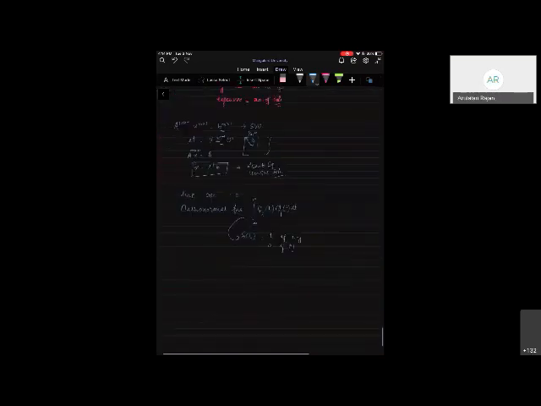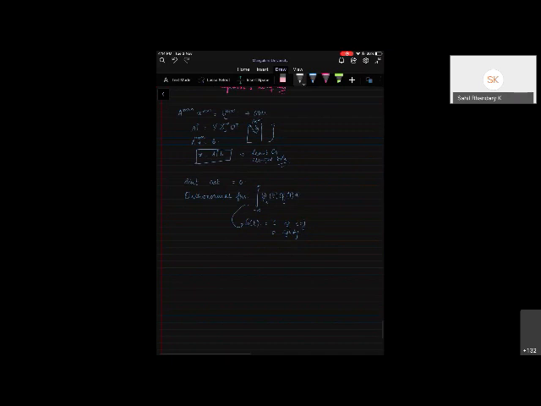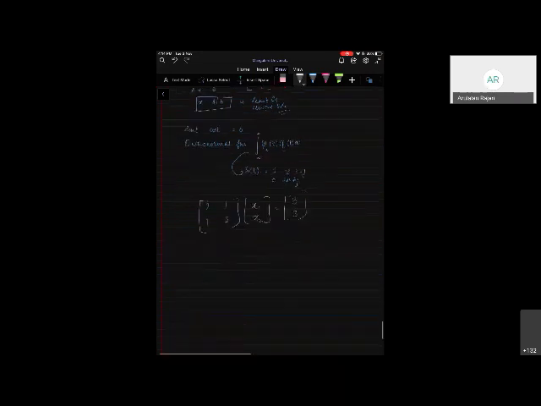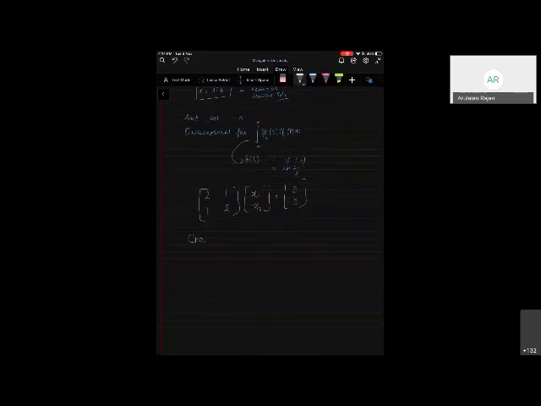Yes, sir. So now suppose I want to solve this: 2, 1, 1, 2 times x1, x2 is equal to 3, 3. Now, what does Cramer's rule say? To find x1, you replace the first column of A with 3, 3, the right side column, and you retain the second column.